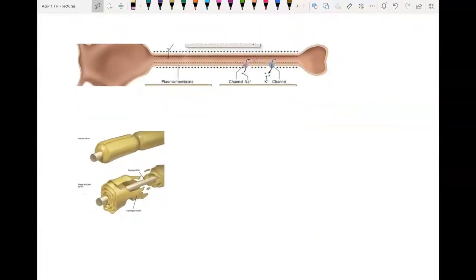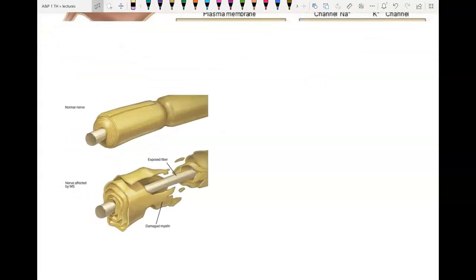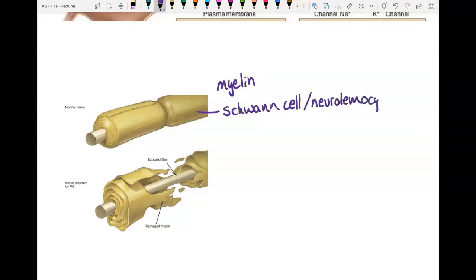There is a disease in which you lose the ability to do saltatory conduction. So here you can see the normal nerve has its myelin, which remember is composed of those Schwann cells or neurolemmocytes. In the bottom one, you can see that you're missing that.